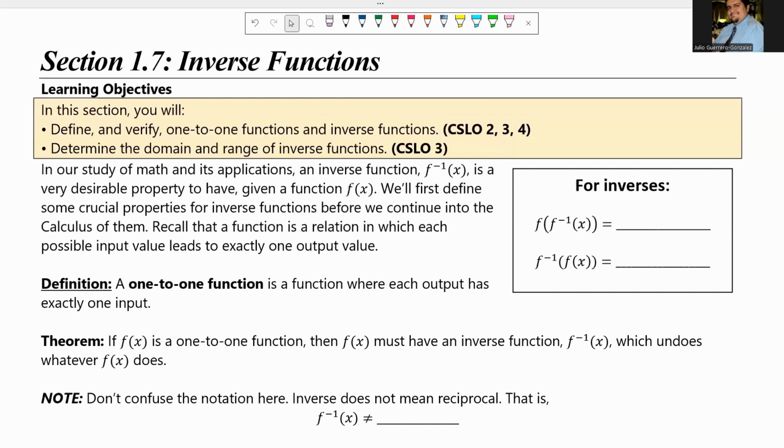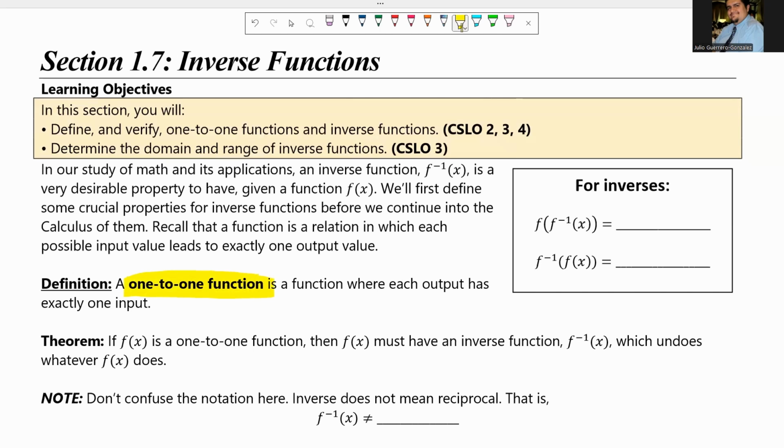All right. So the first thing I want to do is do this definition first. Hopefully, this is something I defined at the very beginning of the class. A one-to-one function is a function where each output has exactly one input. This is different from the definition of a function where each input had exactly one output.